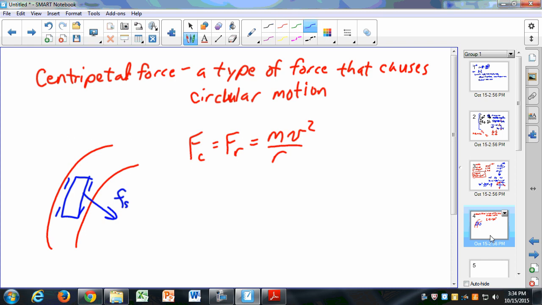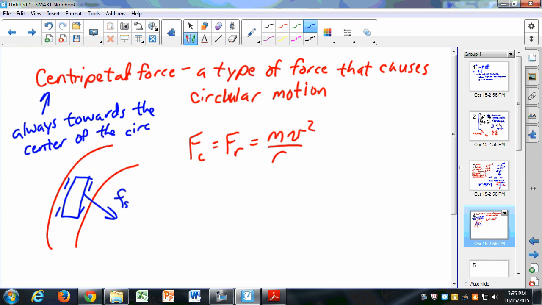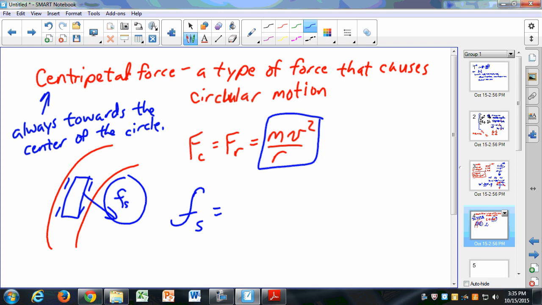It's always towards the center of the circle, and its magnitude is this. So for example, here my static frictional force is equal to mu times the normal force, but it's also equal to mv squared over r.